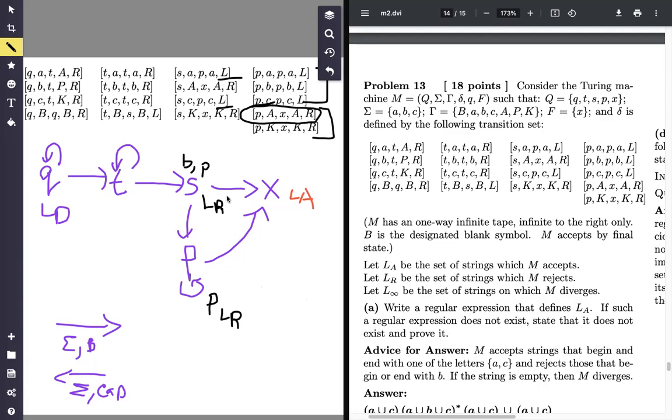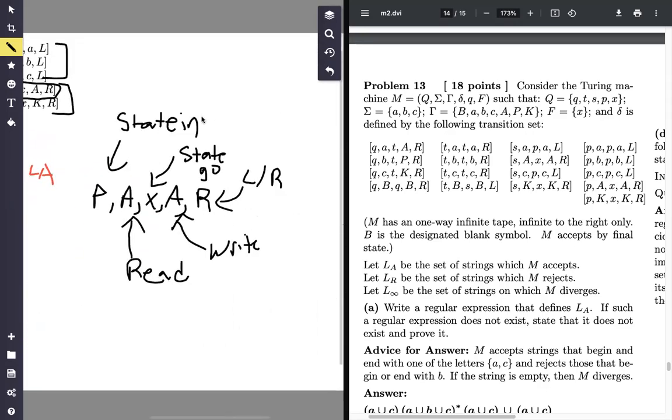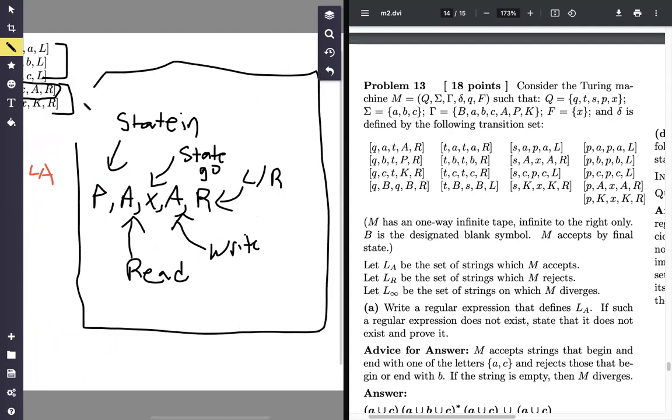So yeah, print A, go to X, read, state you're in, print A. Why do you print A twice? Like this is the state you read. Just okay. Just read this.